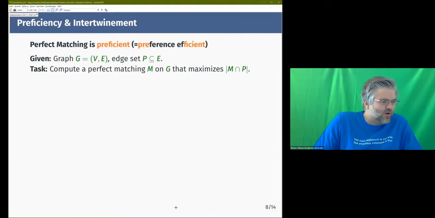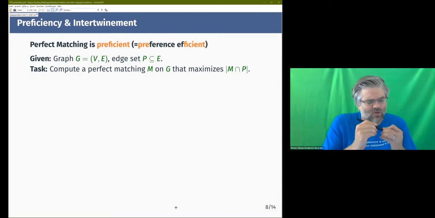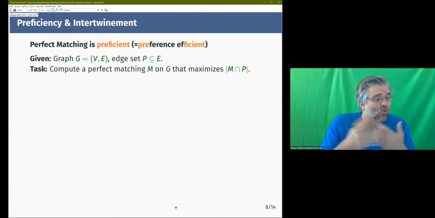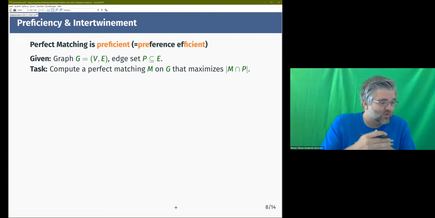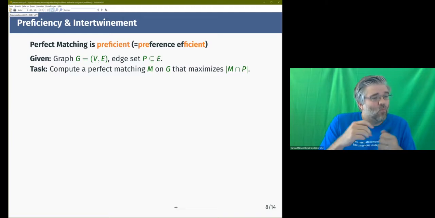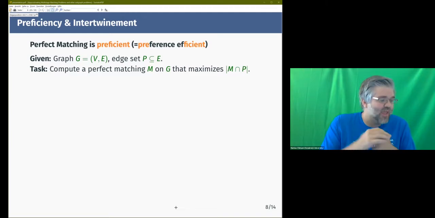One of the key workhorses in our algorithm is the concept of proficiency, which is just an amalgamation of 2 words, preference and efficient. We call a problem proficient if we can solve the problem efficiently, that is in polynomial time, while adding some preferred elements to it.